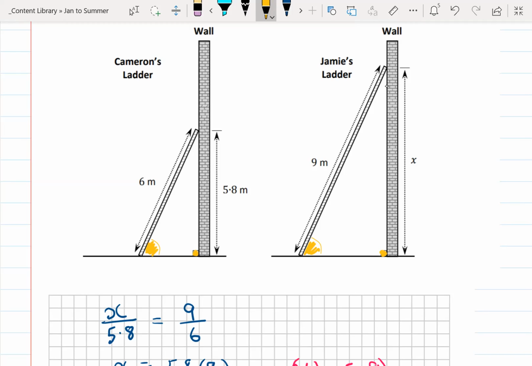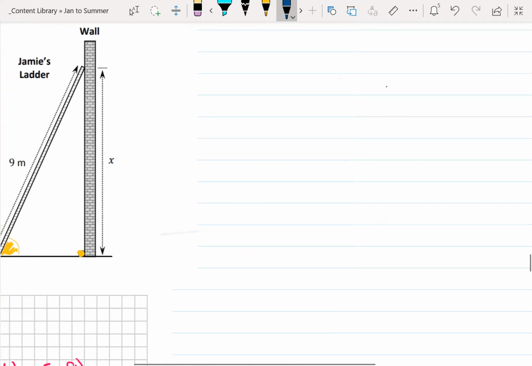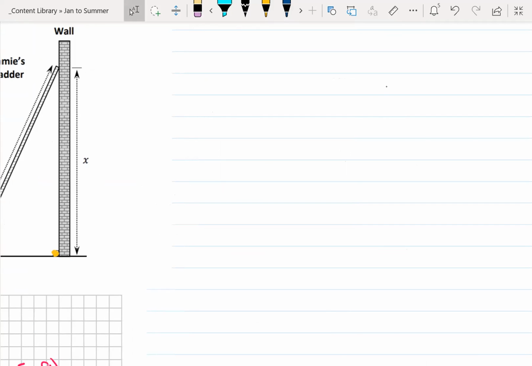One is that in these two triangles, the sides are proportionate in size. So if I go over to the right hand side a little bit and do a more simple question with easier numbers, it's always a good way to explain something.